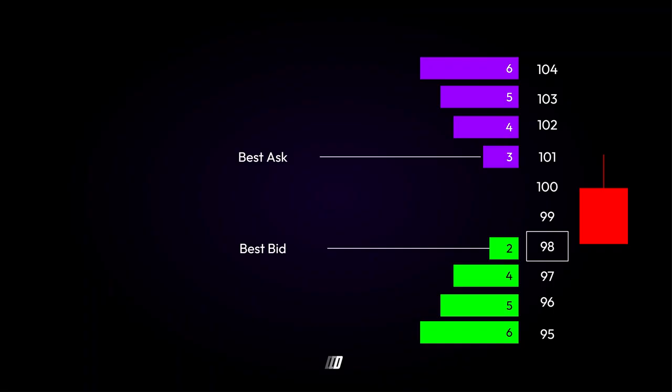Now, the best ask and the best bid are far away from each other, right? They were close and now they're far. We call the difference between bid and ask the spread. And in low liquidity environments, where there's no liquidity, no counterpart, no sell or buy orders counterparting the aggressors, spread widens.